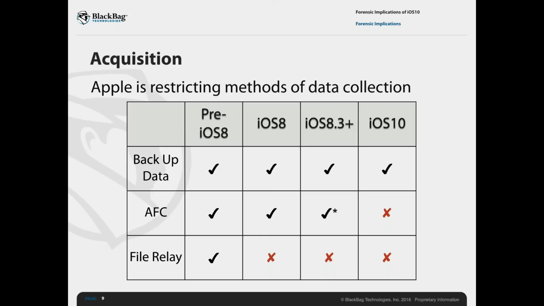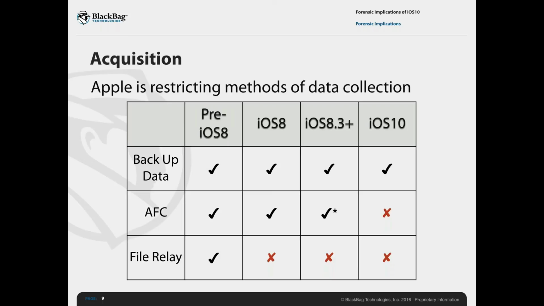Prior to the release of iOS 8, Apple had responded to reports in the media that File Relay was a method that hackers could use to obtain data from an iOS device. Unfortunately, it was also the method that most forensic tools used to connect to iOS devices. So what Apple did was shut off File Relay.